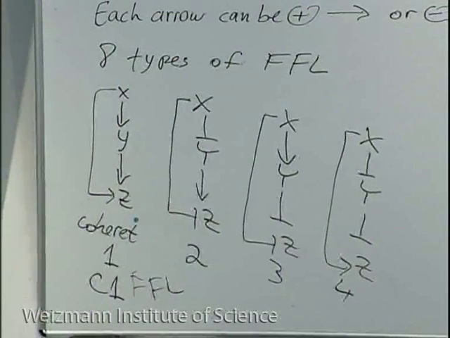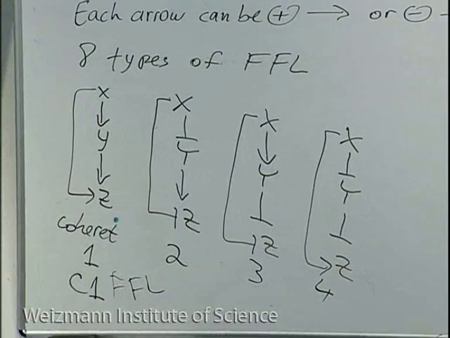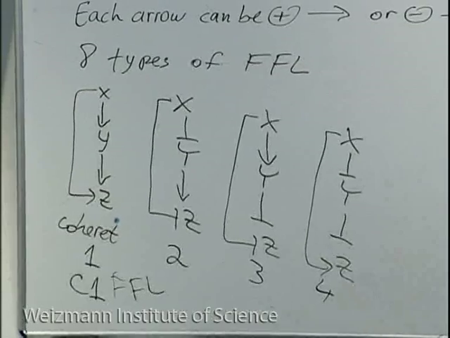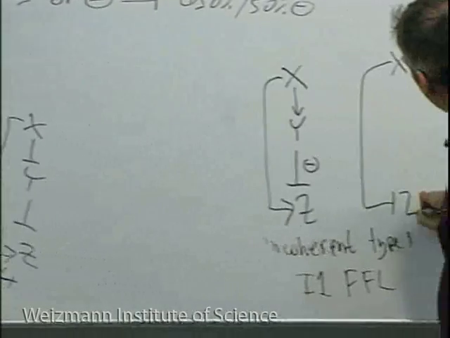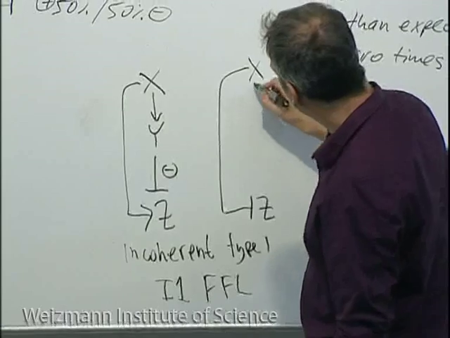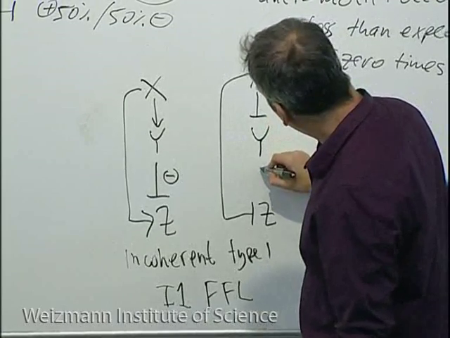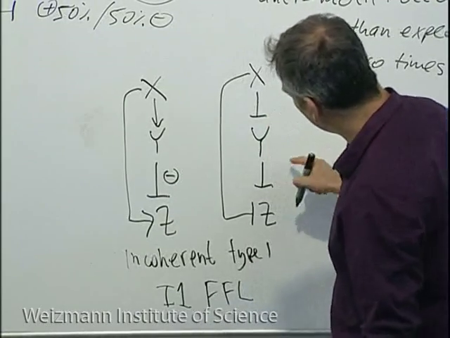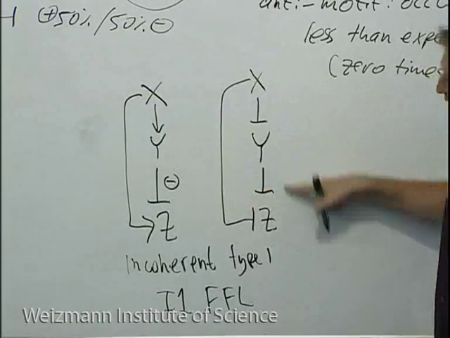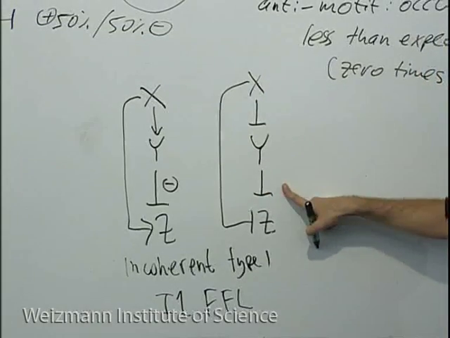And then there are 4 incoherent types. So we can try to draw them. X can repress Z, but repress a repressor of Z. So it's repressing here and activating here. Minus minus is plus.